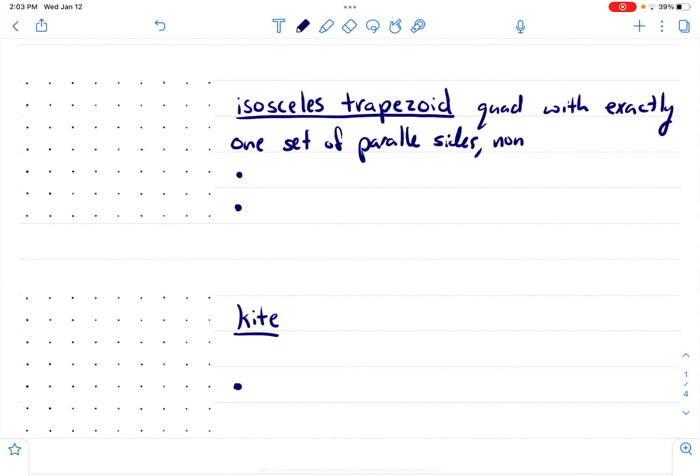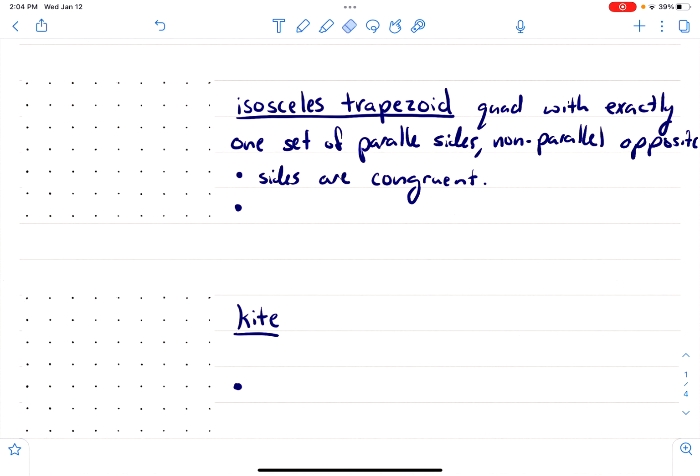The non-parallel opposite sides are congruent. Okay, the non-parallel opposite sides are congruent. All right. So isosceles trapezoid is a quadrilateral with exactly one set of parallel sides. The non-parallel opposite sides are congruent.